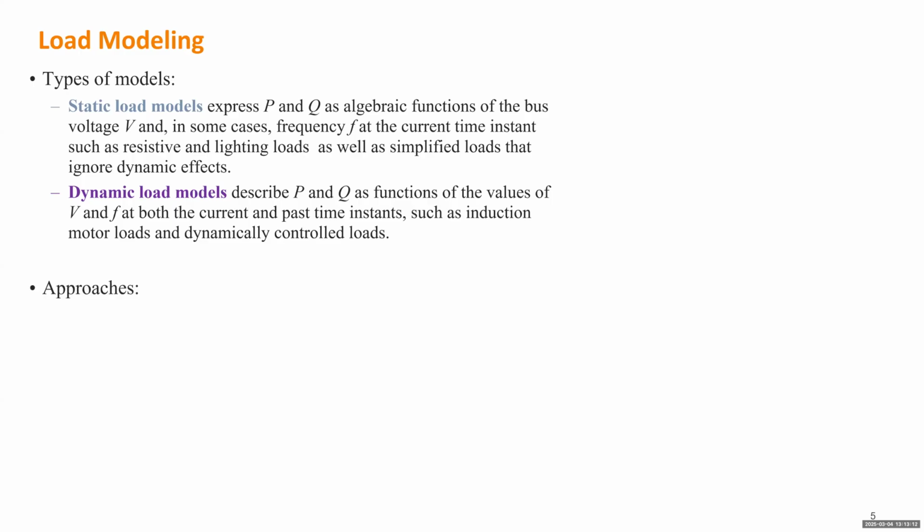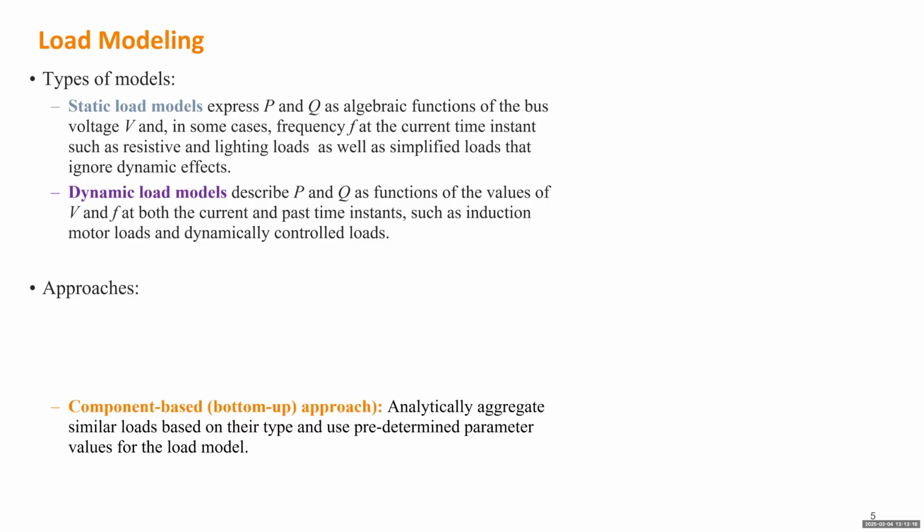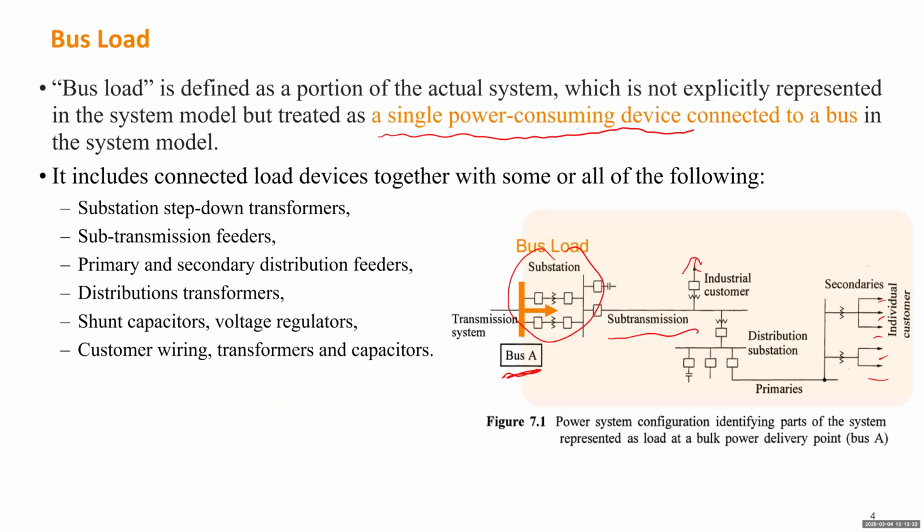There are two approaches to model the loads. The very straightforward method will be the component-based approach, or we call it a bottom-up approach. Basically it means we check everything in the region where we need to aggregate to become the bus load, right? So you just count how many types of elements you have.